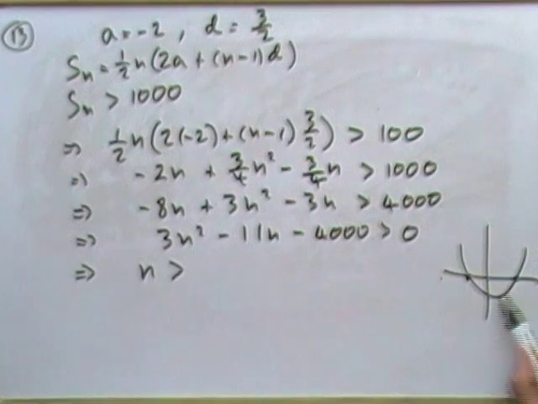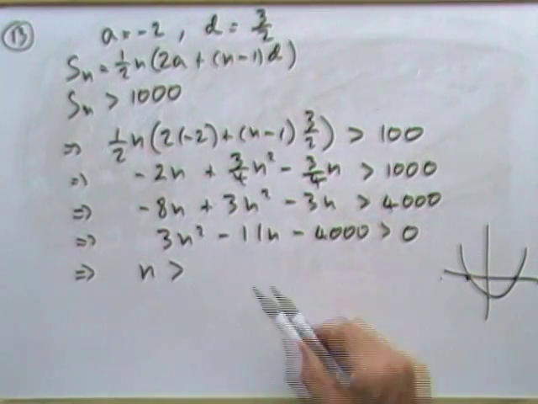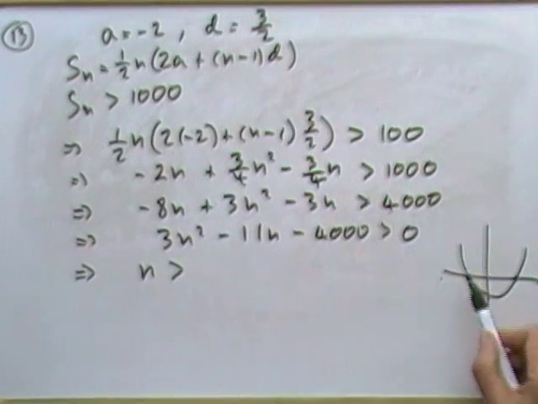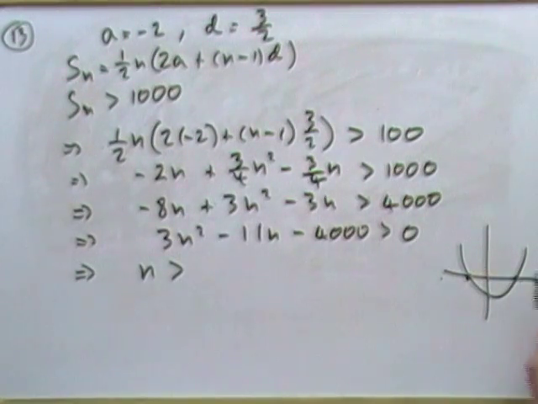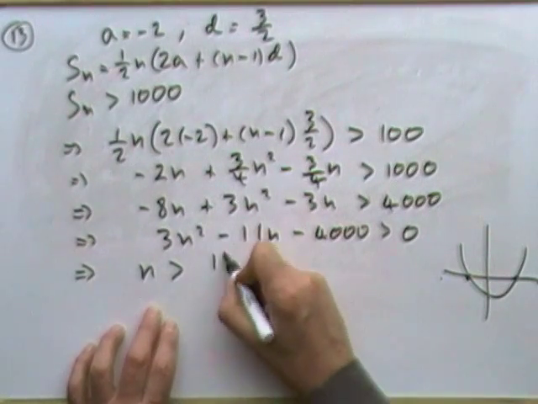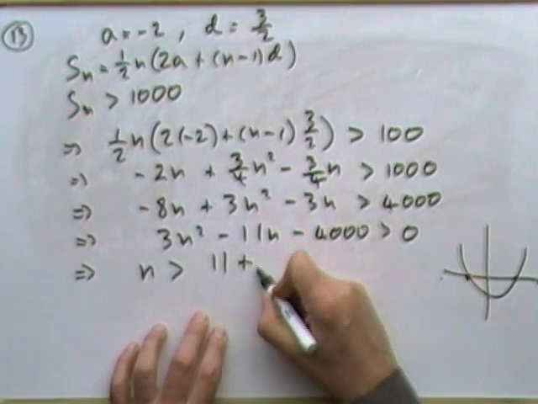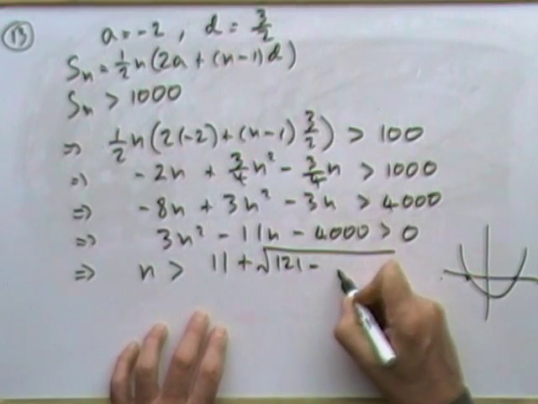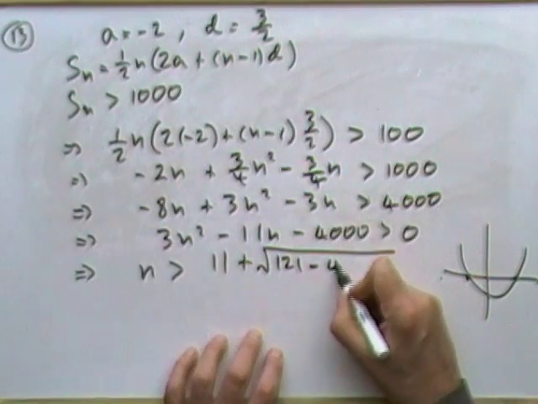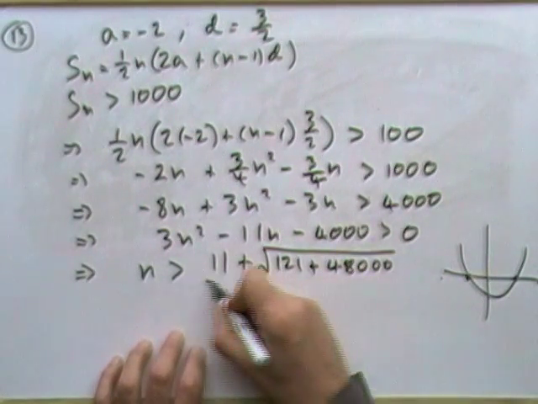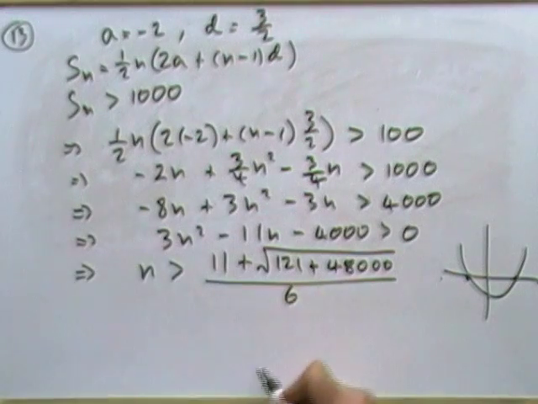But I know that, since it's a quadratic, n will have to be greater than the upper root of the equation equal to 0, or lower than the lower root, but it's only the upper one we're considering. So I'm just going to write n greater than, and then put in the quadratic formula. So that'll be 11 plus, because it's upper root, that'll be the square root of 121 minus 12 times that, that's 48,000, but it's plus, because it's take away a negative, over 6. And it was just a case of pressing the buttons for that.